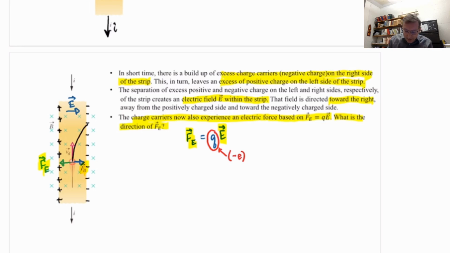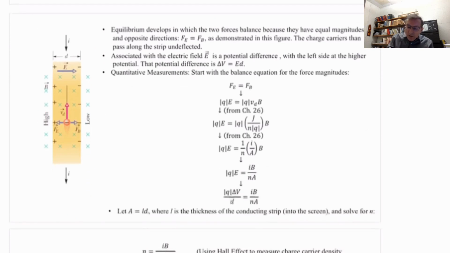So now we're going to talk about that. It's a kind of equilibrium, this steady state, that will develop in which the two forces, F electric and F magnetic, balance because they have equal magnitudes in opposite directions, like the picture right here implies. So we're going to denote that this way. Fe equals Fb, where when written like that, we mean the magnitudes are equal.